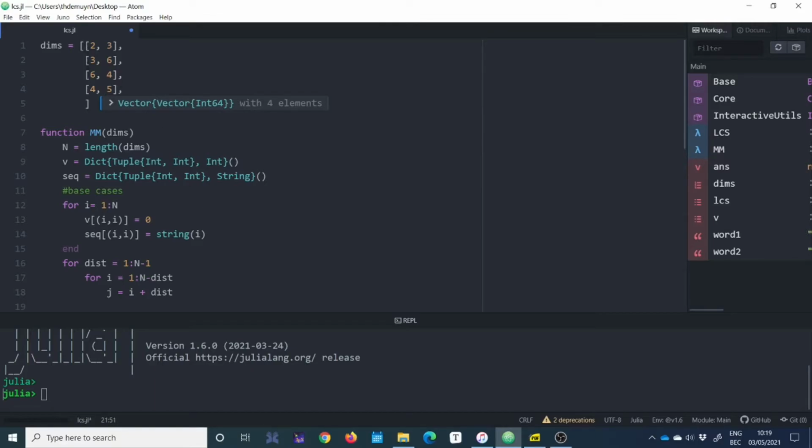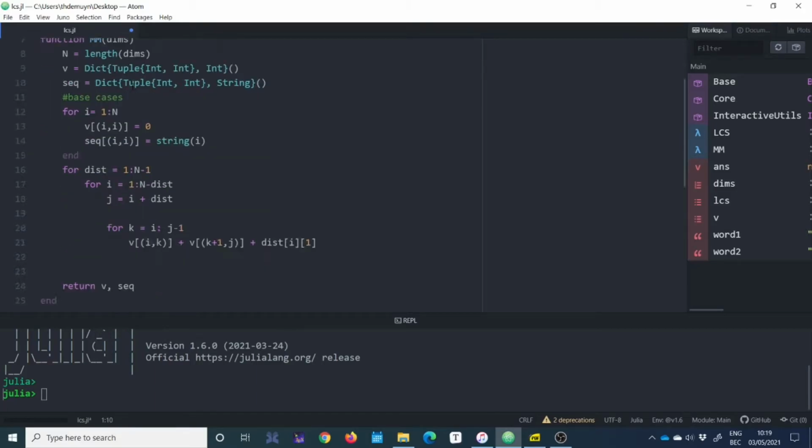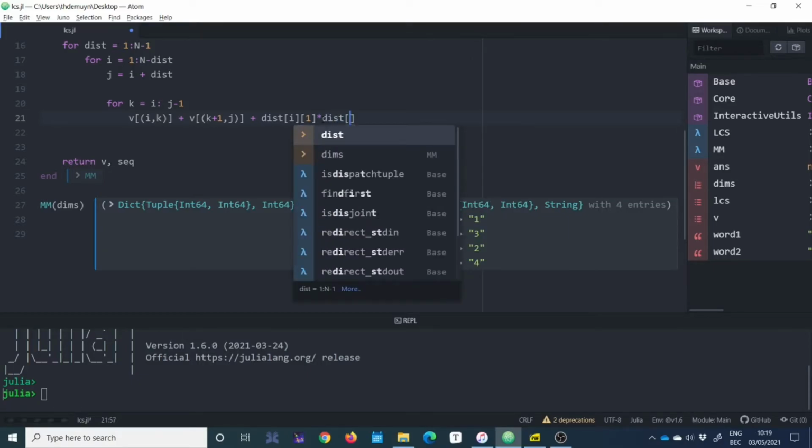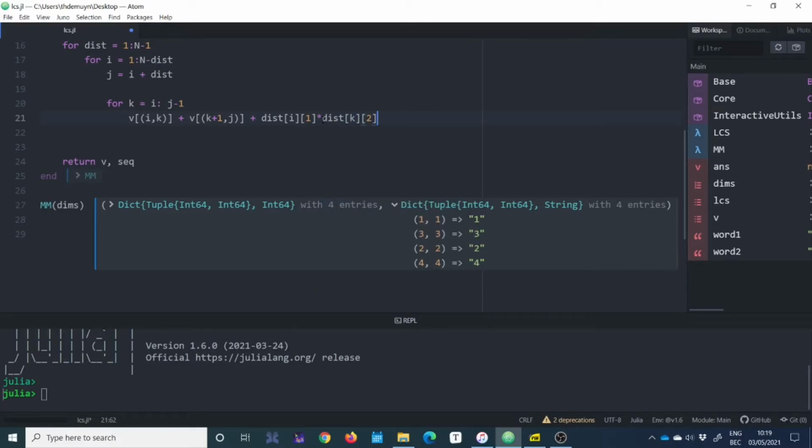Dist 1, for example, is this here, but I only consider the row, so this is the first element, times the number of columns of matrix K, so this is dist K, the number of columns is 2, then times the number of columns of matrix J, this J times 2. Okay, so if I put a split at K, this is the total cost. And I would like to find the K that minimizes this.